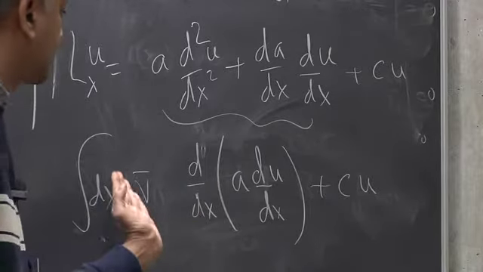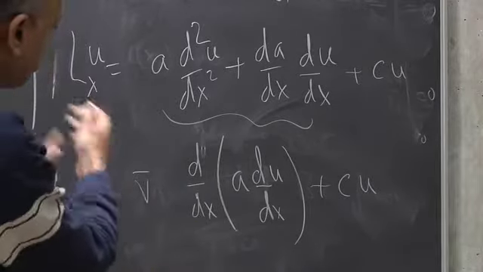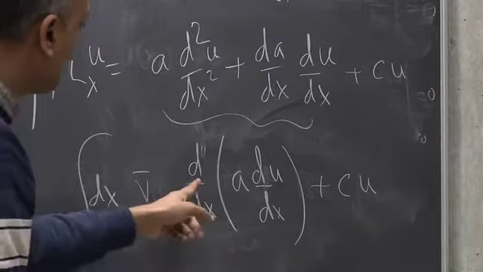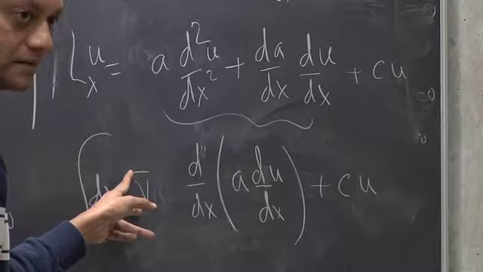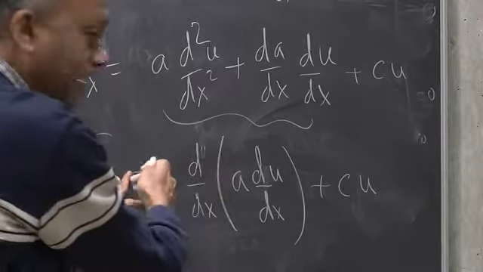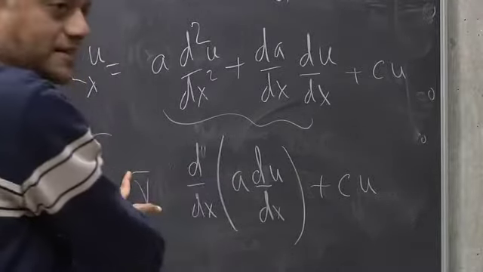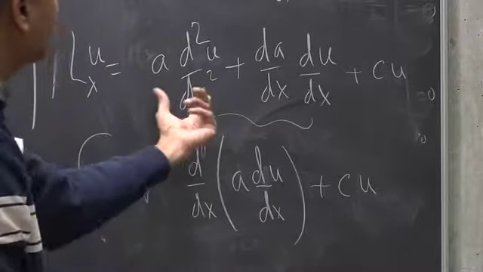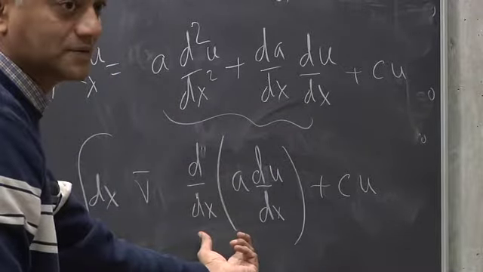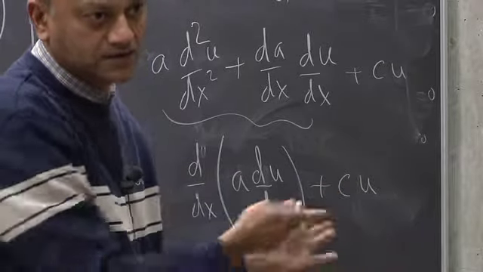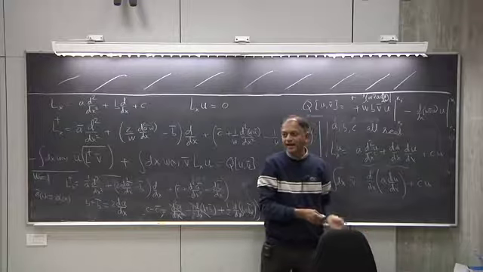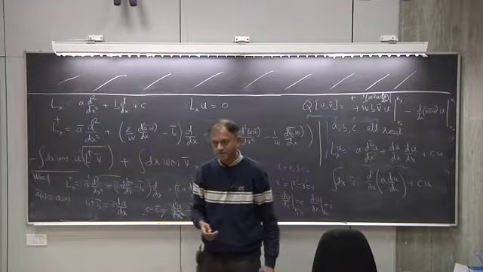Now when you do partial integration, forget the boundary terms, then what you will get is, first d by dx will act here, then you have the A, and then again d by dx. So it will be exactly of the same form as before. And for C, it doesn't matter, because it has no derivative, so it's as it is. That's why L dagger is equal to this form.